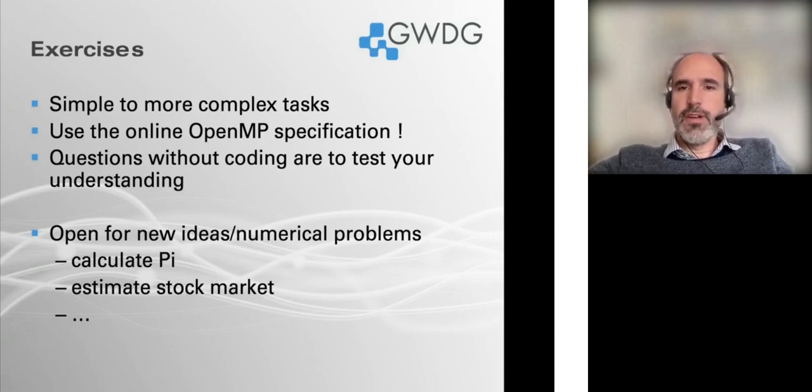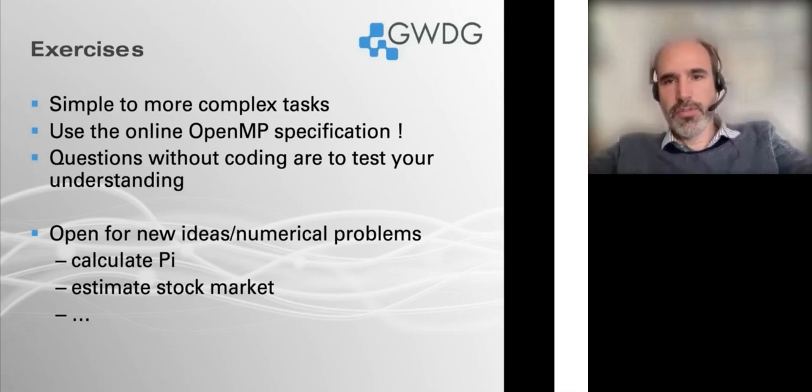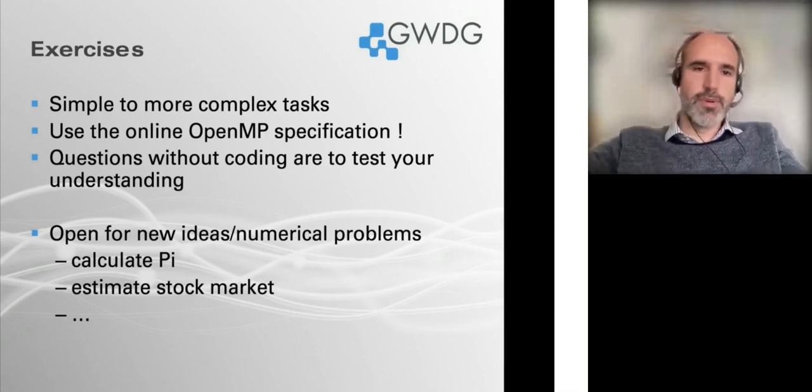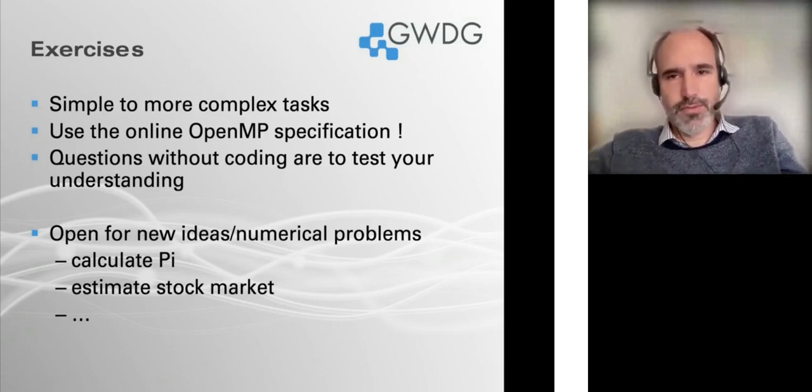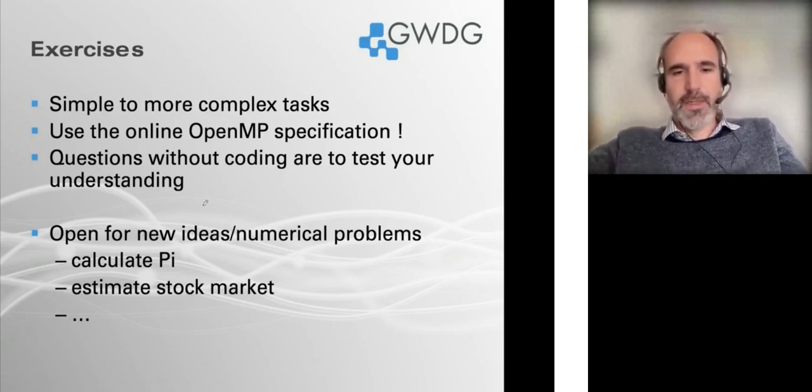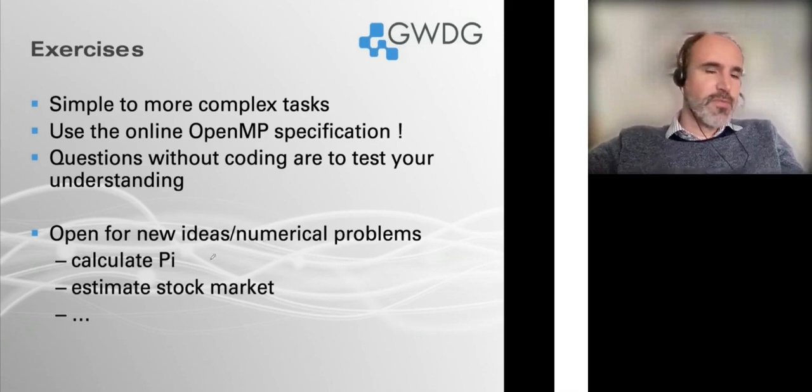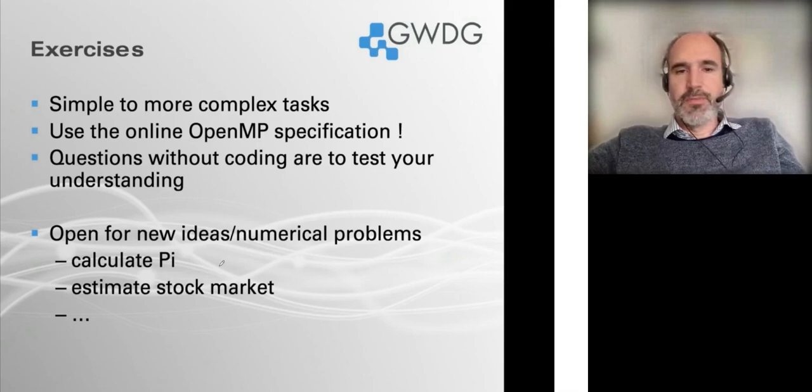And of course, if you have any other idea and you would like to quickly set up your own numerical problem, I'm happy to listen to your ideas. I looked through and I came up with Sudoku. I have a code which solves Sudoku, which I used as an exercise to parallelize.